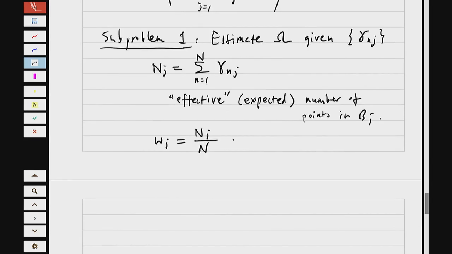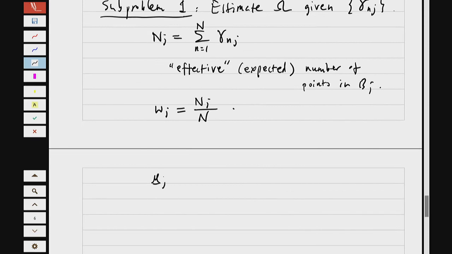How about mu j? Mu j now is the average of those points, but only partially, right? So now we have to say there are, well, in expectation there are so many points, but what are the values? We have to sum up all points, because every single point has some part of that point inside this bump j.